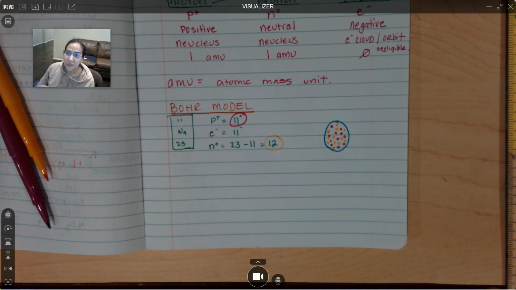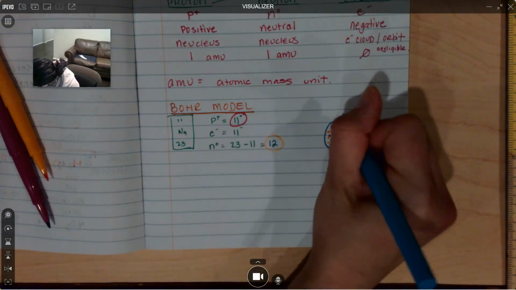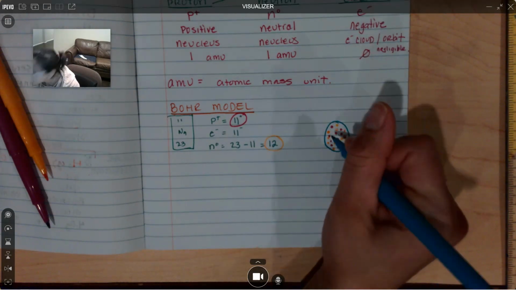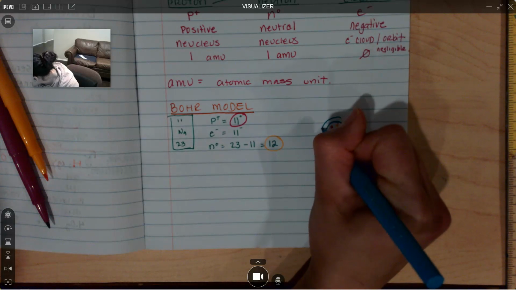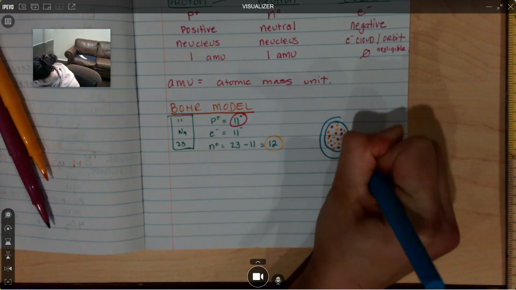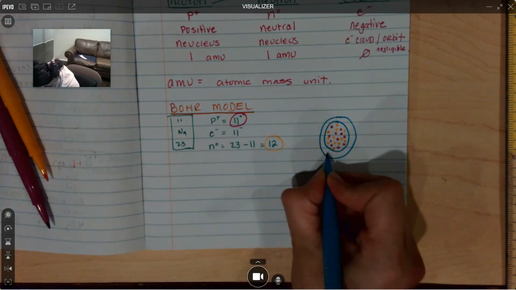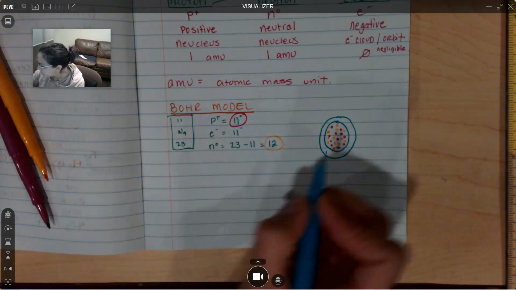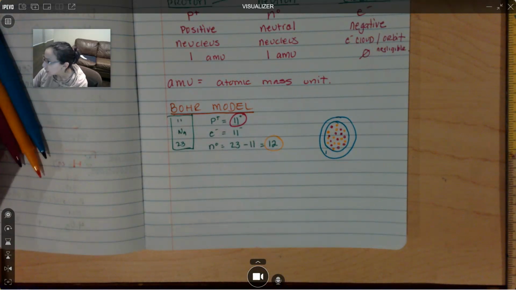And surrounding my nucleus is going to be my orbits. So my orbits, we're going to start with energy level 1. And the first energy level is very, very close to the nucleus. Not super close, but it is close. Now, this is energy level number 1. Okay? And in it are going to be my electrons.